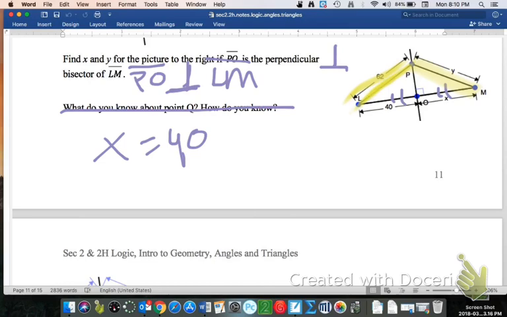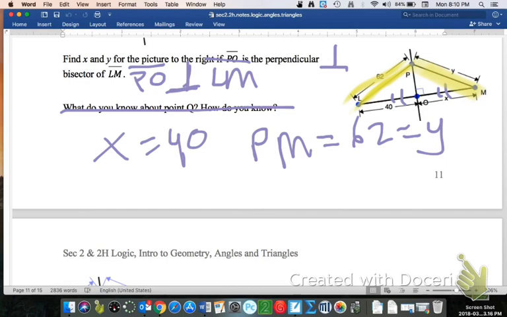So the two yellow parts are congruent. So if we know that 62 is the LP, then we also know that PM has to be 62 as well. But notice that's our length of y, so 62 has to equal our y value.